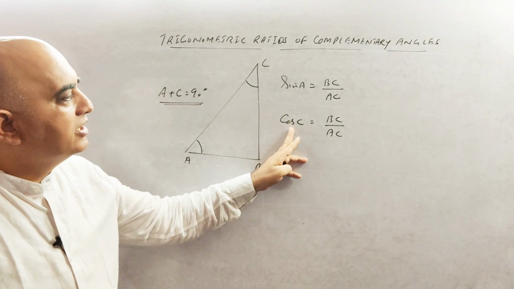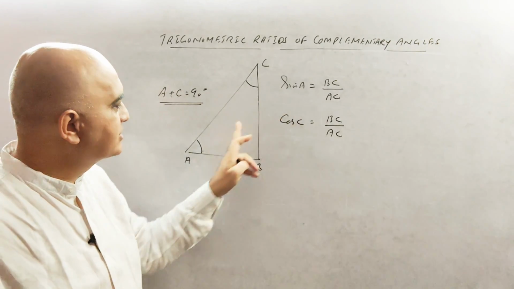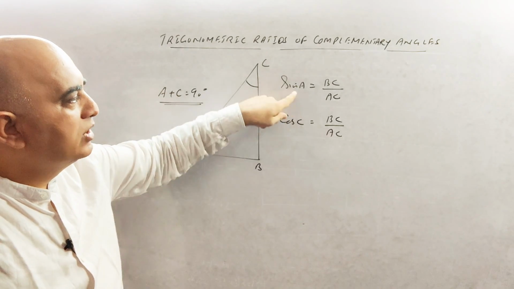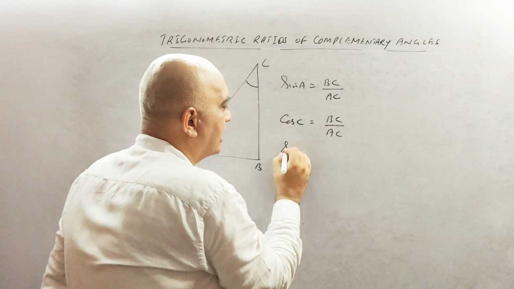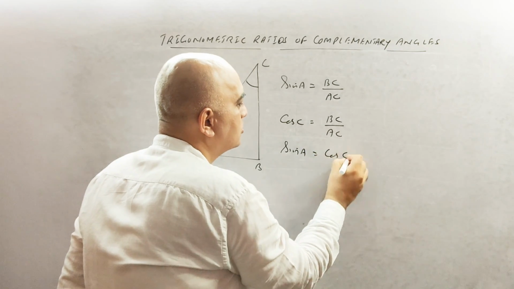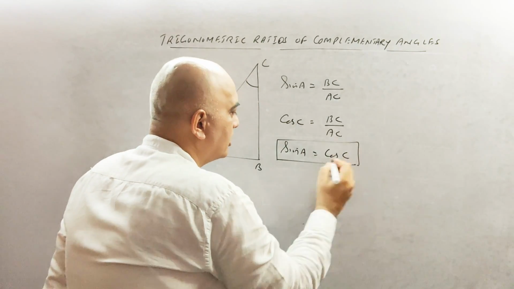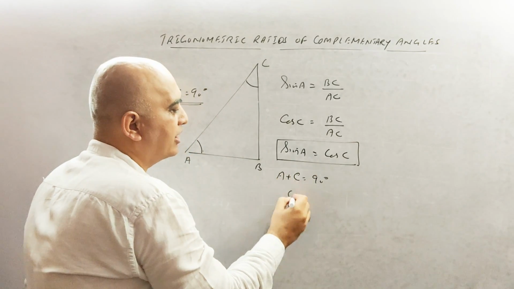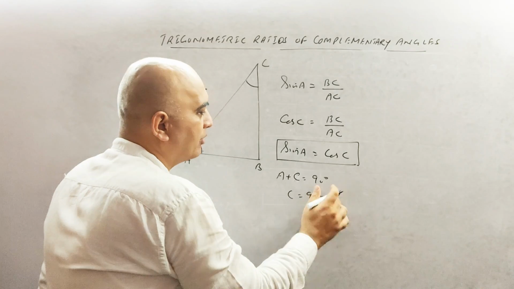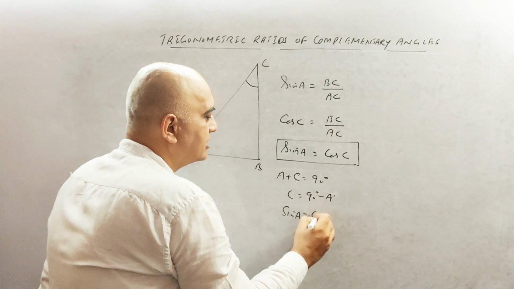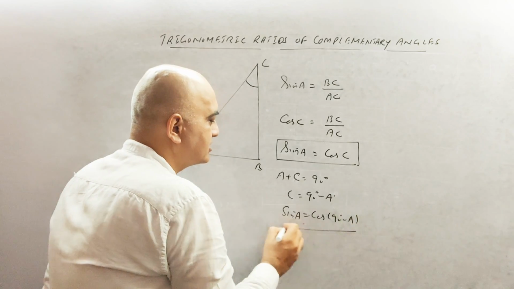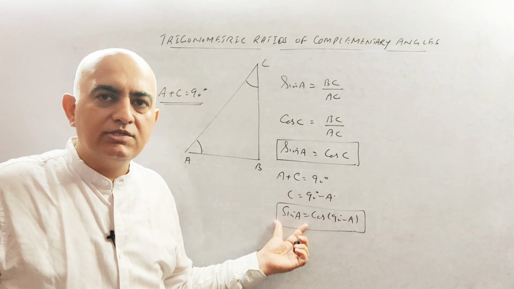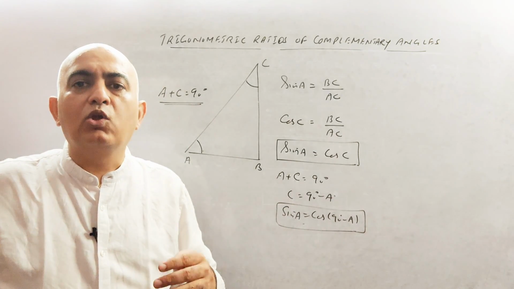So cos C is equal to sine A, simply because for sine A, we have this perpendicular, and with respect to C, this is a base. So both formulas show the same value. So sine A is equal to cos C. Since A plus C is equal to 90 degree, C becomes 90 minus A. Obviously, we can write sine A is equal to cos of 90 minus A. So we can take this formula, cos of 90 minus A is equal to sine A. So these two are called complements.